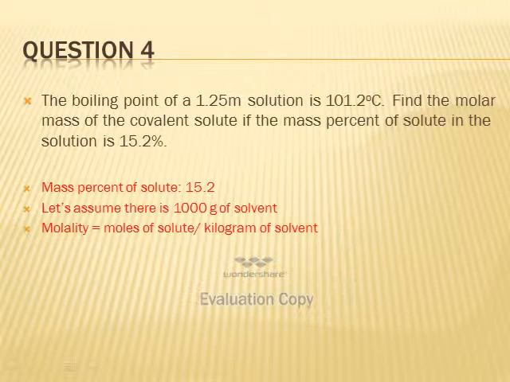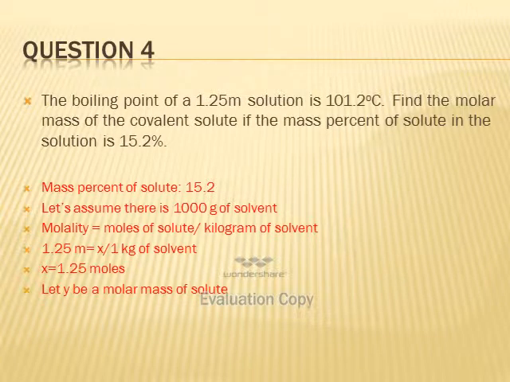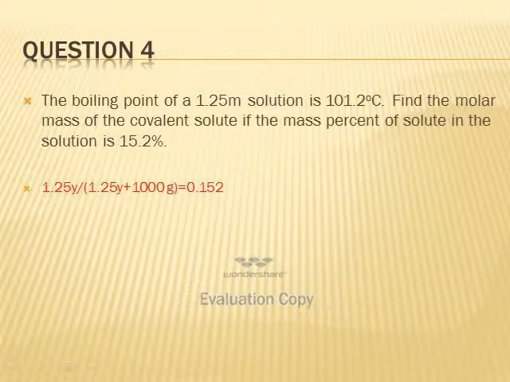We need moles of solute. We are given its molality. By assuming there is 1000 grams of water, the number of moles of solute is basically the numerical value of the molality, because the definition of molality is moles of solute divided by 1 kilogram solvent. We need the mass of solute since it's a mass percent problem. Let's call molar mass of the solute Y. We know that molar mass times the number of moles gives the mass.